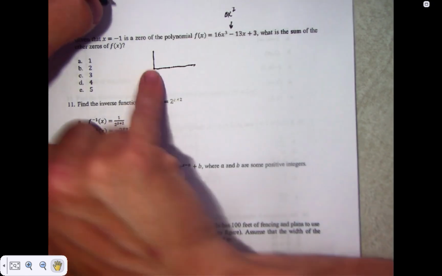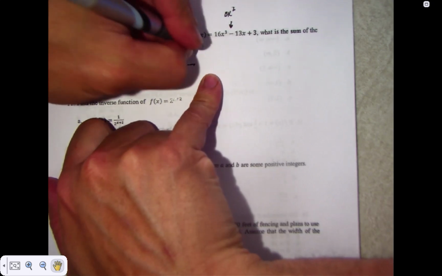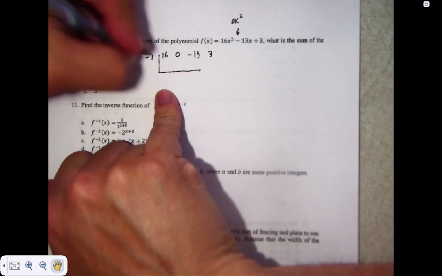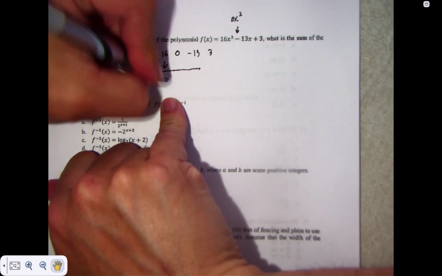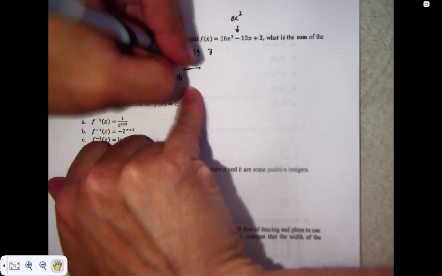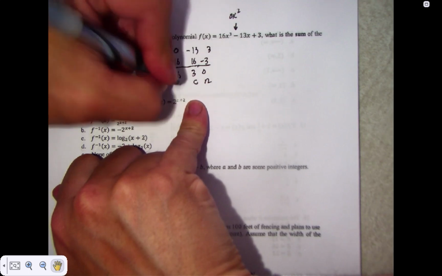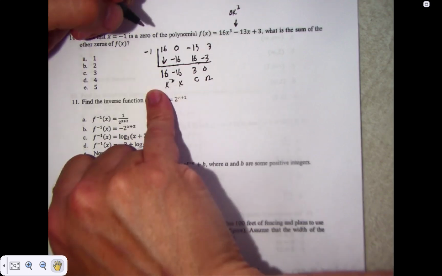Notice the gap here. So we got a 16, a 0, a negative 13, and a 3. And we're going to synthetically divide out the negative 1. We drop, we multiply, and we add. We multiply, and we add. We multiply, and we add. It's been a while since I've done this with y'all, but there you go.